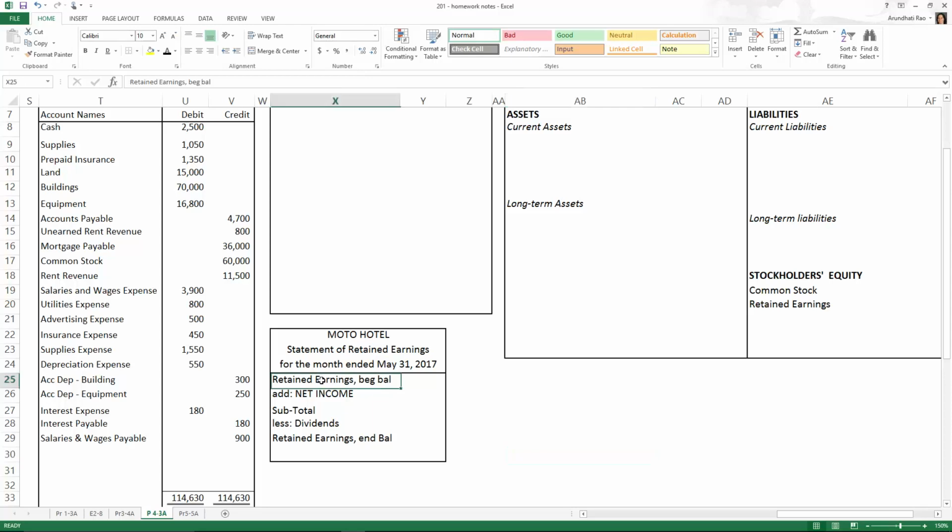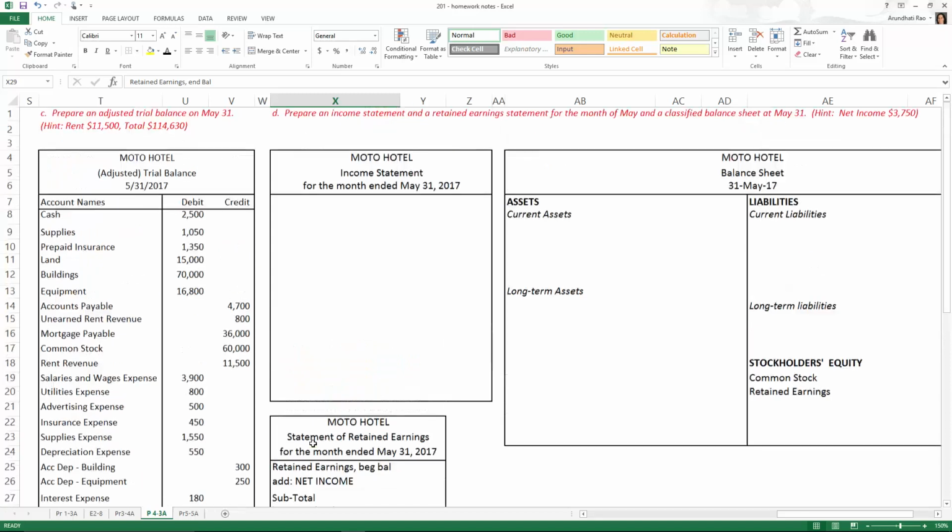That is, you'd have retained earnings beginning balance, add net income, and then you could just have retained earnings ending balance. That would be fine. But I'm going to leave this up here so that you get used to the idea that this is a standard formula. Retained earnings beginning balance, add net income, gives you the subtotal, less dividends paid, if any, gives us the retained earnings ending balance.